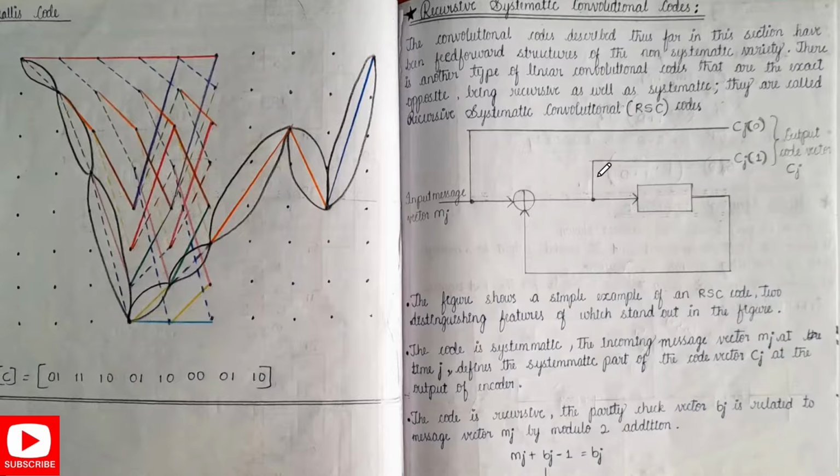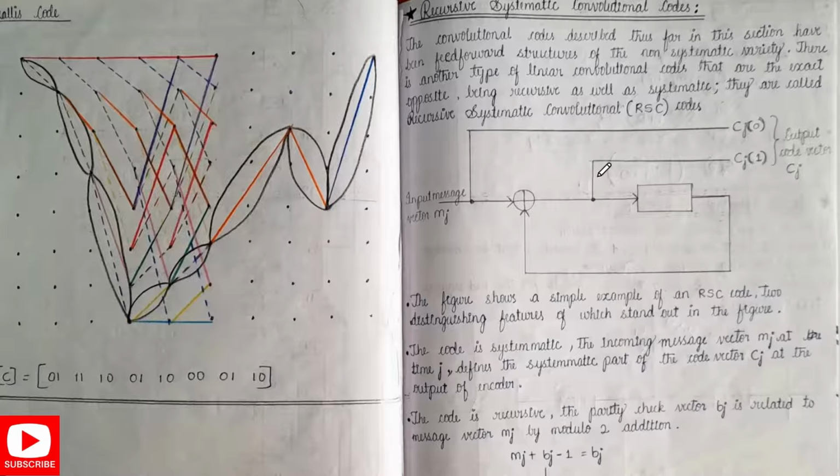So hence it is called a recursive systematic convolutional code. The diagram is given like that. This shows a simple recursive systematic code having two distinguishing features which stand out. That is, the code is systematic. The incoming message mj at time j defines the systematic part of the code vector cj at the output of the encoder.